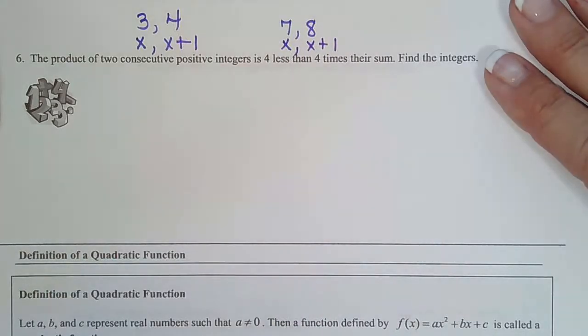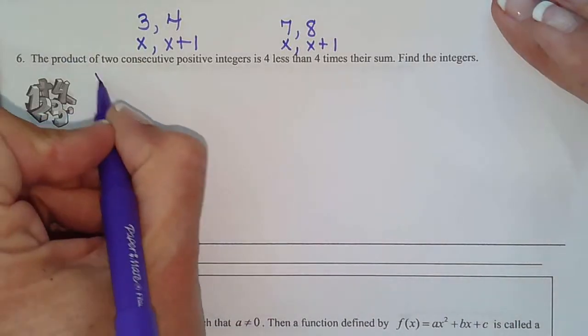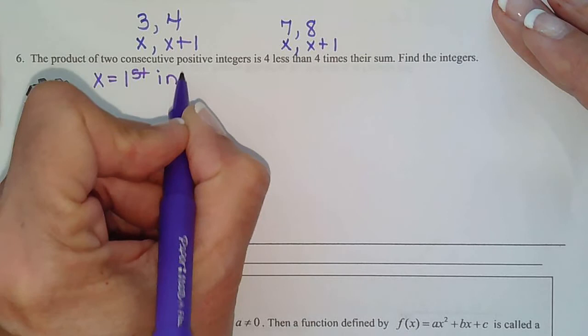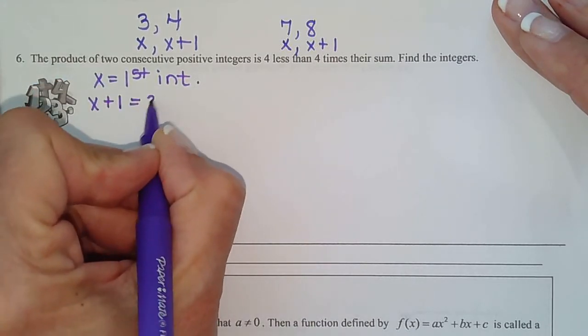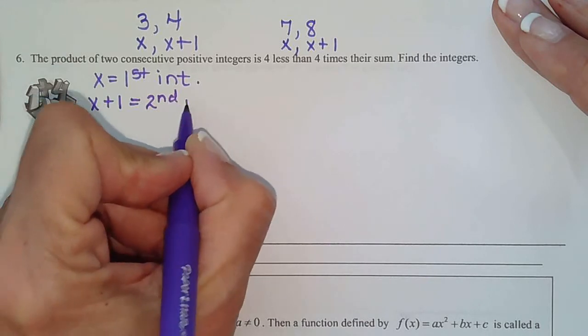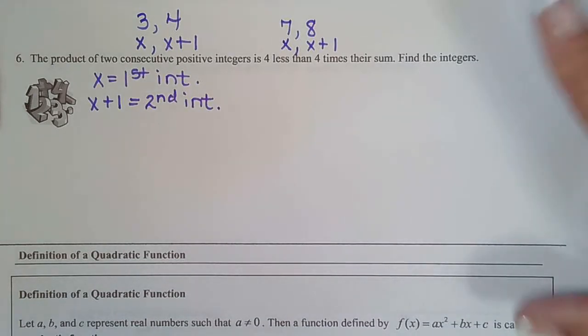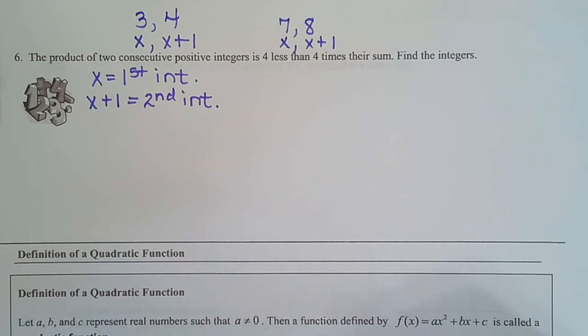So it doesn't matter which two positive consecutive integers you pick. This is going to be the first one. So x equals first integer. And x plus 1 will always be the second, because if they're consecutive, the second one's always going to be one larger. So you can start from knowing nothing, just pick two numbers that match that, and that will help you get the algebraic representations for it.